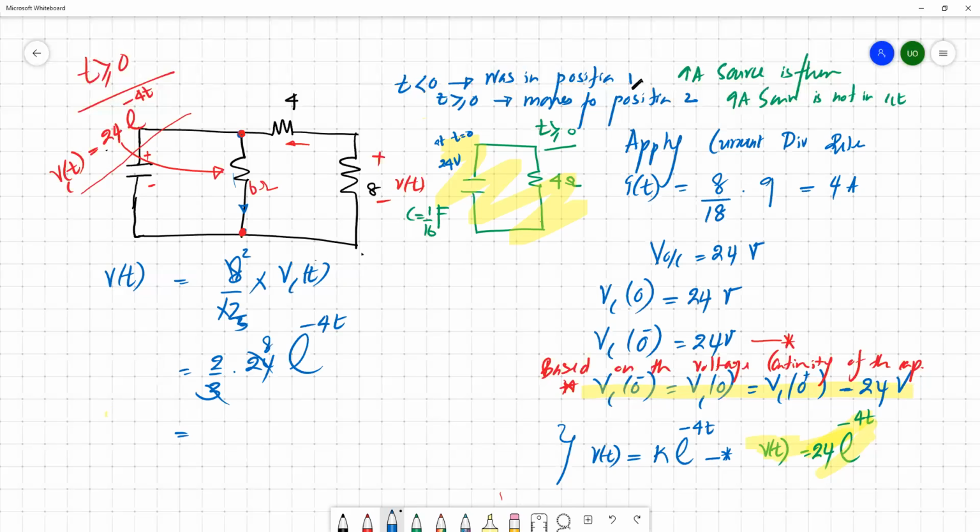So it becomes 16 e to the power minus 4t. So this is the voltage across the 8 ohm resistor.